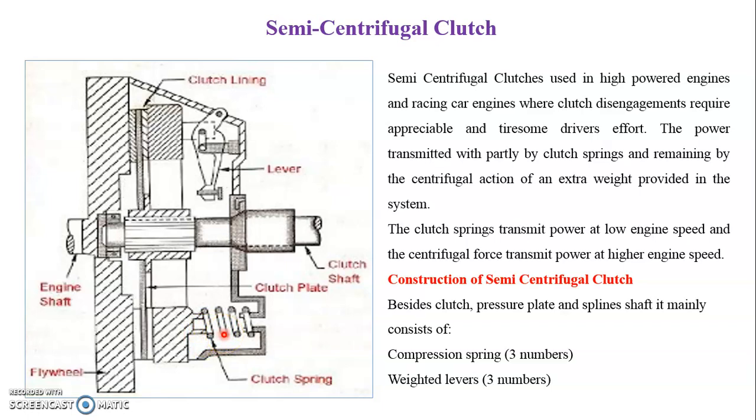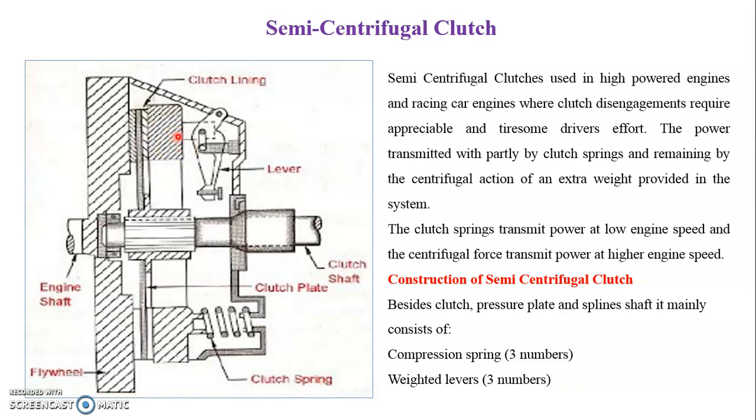However, at higher speeds the weight attached to the lever, due to centrifugal action, presses the pressure plate with a higher force, and thereby avoids slipping of the clutch plate at higher speeds.